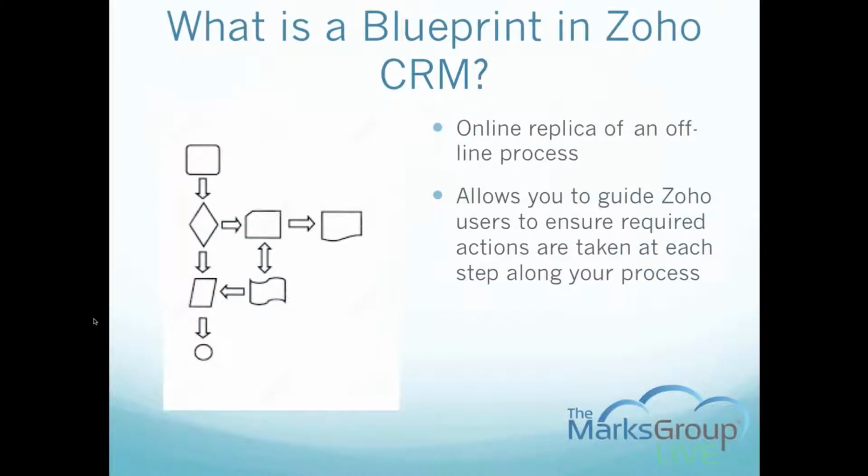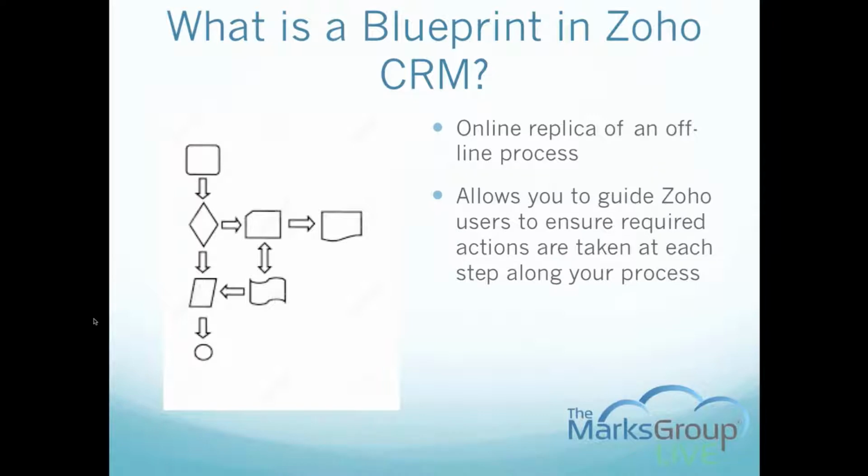So let's start with what is a blueprint. As you can see on the left, I have a flowchart, and that basically is what a blueprint is. It's an online replica of an offline process. At each step in a process, there are usually different things that someone needs to complete before they can move on to the next step.